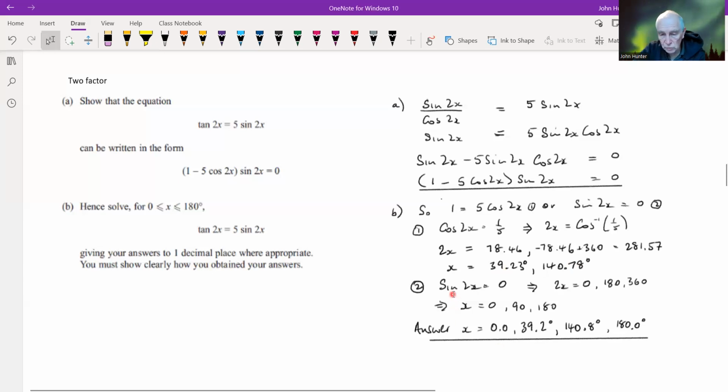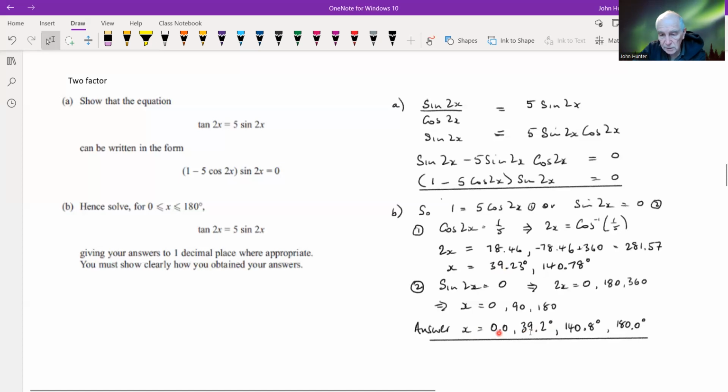Second factor is slightly more straightforward, sine 2x equals 0. So therefore 2x equals 0 degrees, 180 degrees, 360 degrees. And therefore x equals 0, 90, or 180. Okay, so those are therefore the solutions.